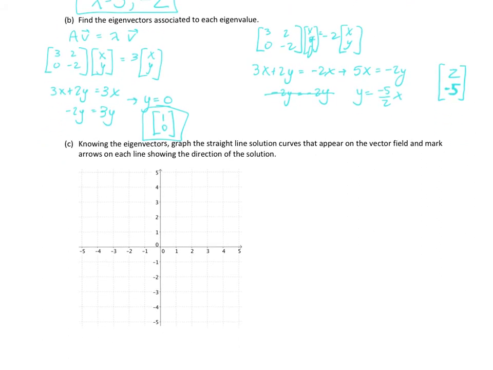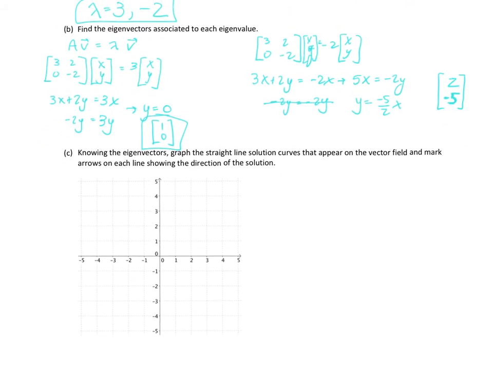Okay, knowing the eigenvectors, graph the straight line solution curves that appear on the vector field and mark arrows showing the direction. Okay, so 1, 0 is this point right here. So here's my straight line solution. It's the line that goes through the origin and the point 1, 0. And it's associated with lambda equals 3, which is positive, which means we put arrows going away from the origin. So there's one straight line solution.